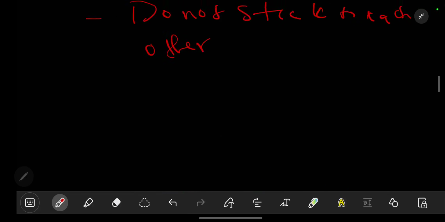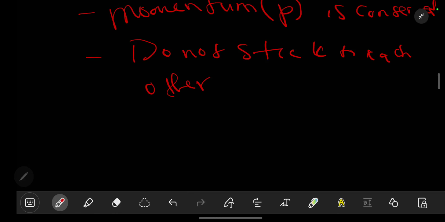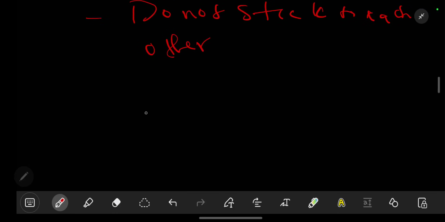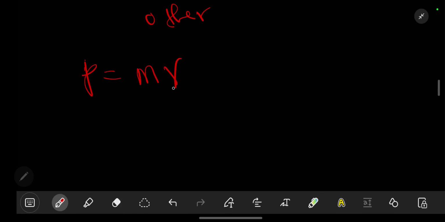Before we look at questions, the formulas that we are going to be looking at are, for momentum, we know that momentum, which is P, is equal to the product of the mass and the velocity. So this is the formula for the momentum. Since momentum is conserved, the summation of initial momentum should be equal to the summation of the final momentum.